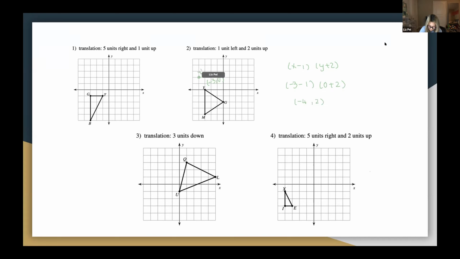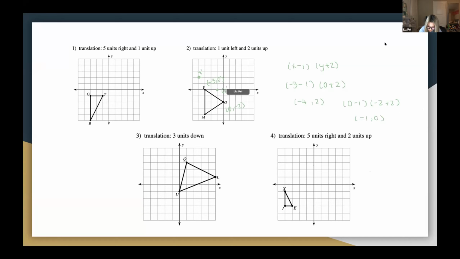And then your next point will be G. And then here you have (0, -2). So you will do 0 minus 1 and -2 plus 2. And then you will get (-1, 0), just right here, G prime.